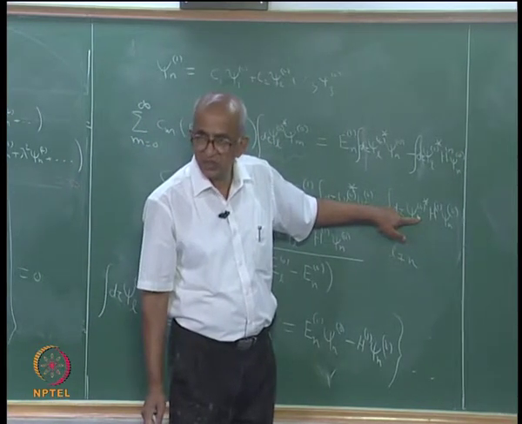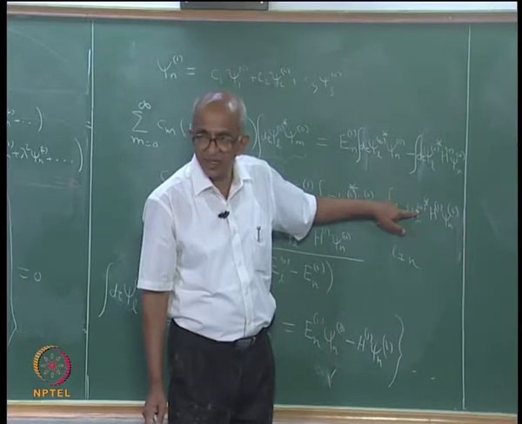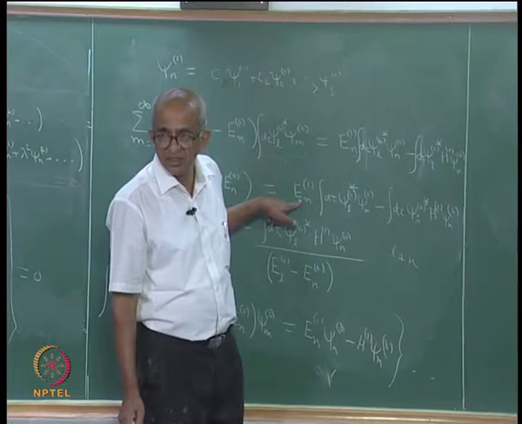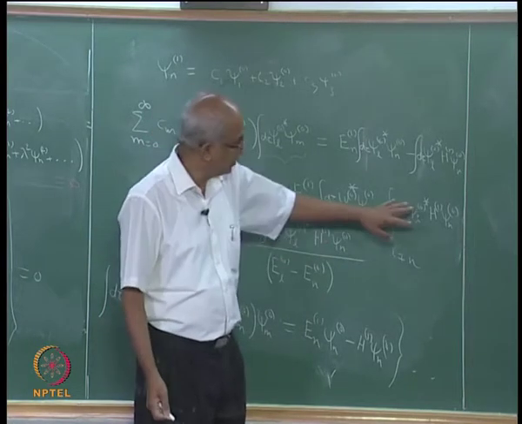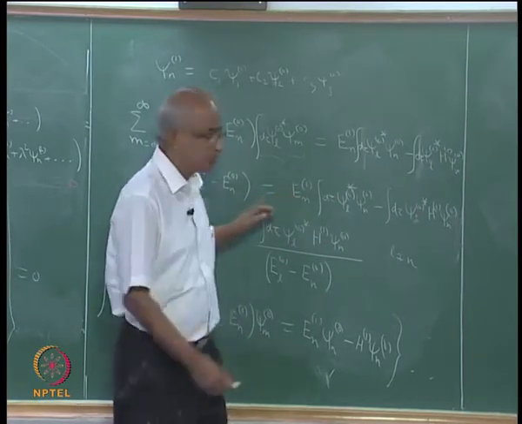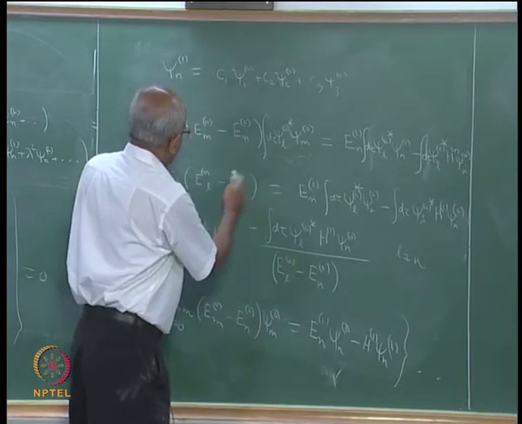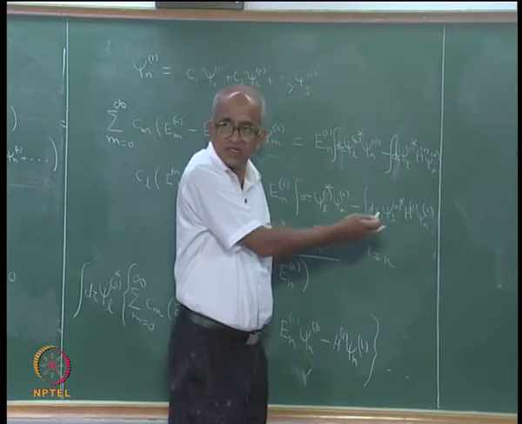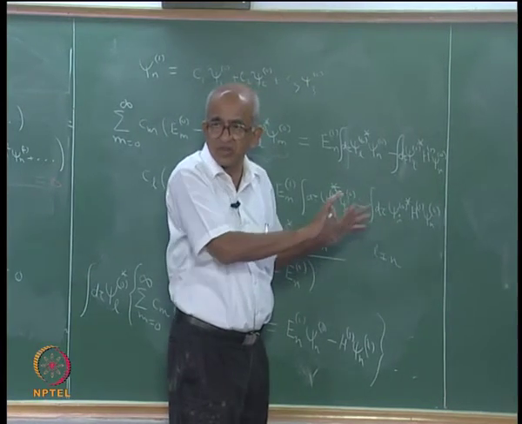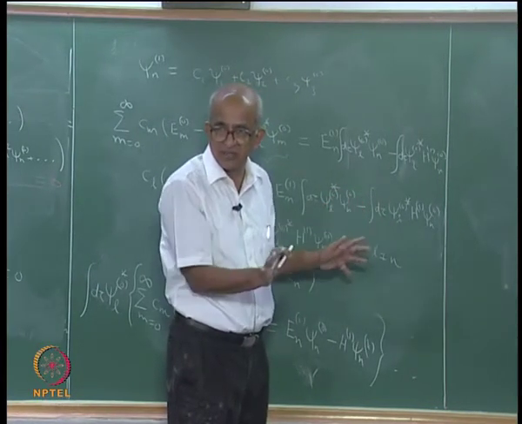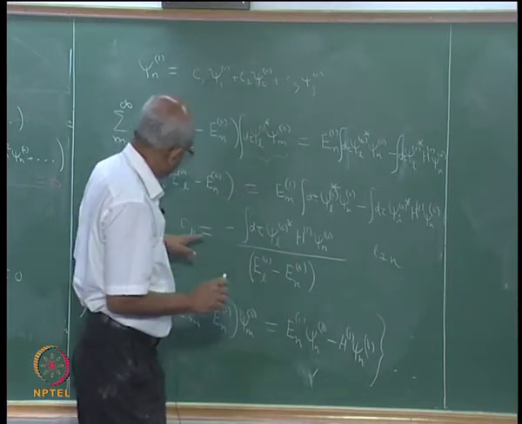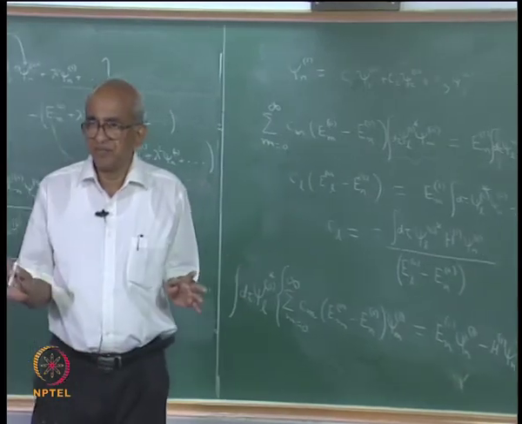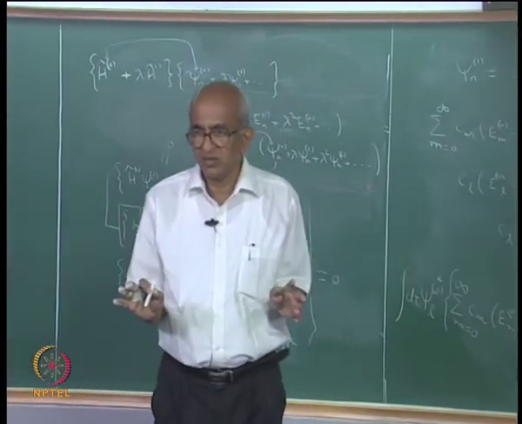It will be non-zero, but we have already identified that this term is actually equal to En1. So, if you put L equal to n, this will vanish, and so naturally the other side also has to vanish, and it vanishes. So, there is absolutely no problem, everything is fine. And we have determined the value of CL when L is not equal to n, right.